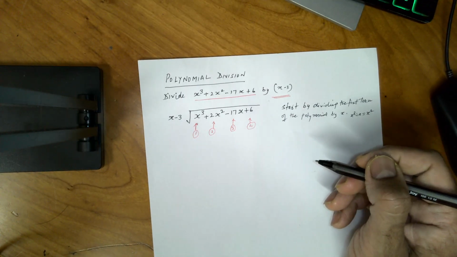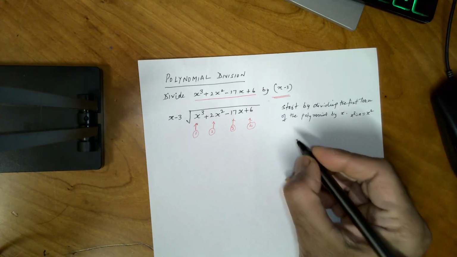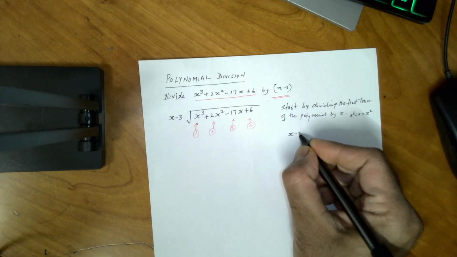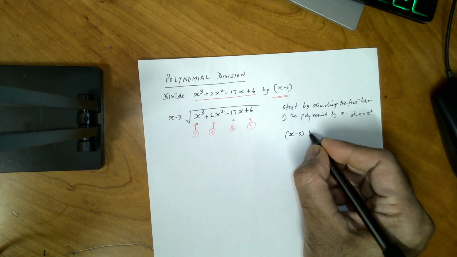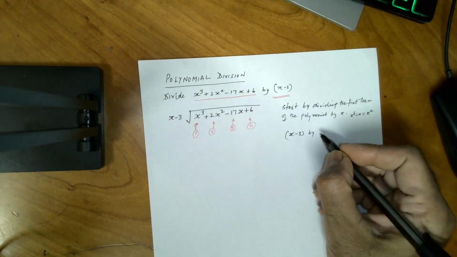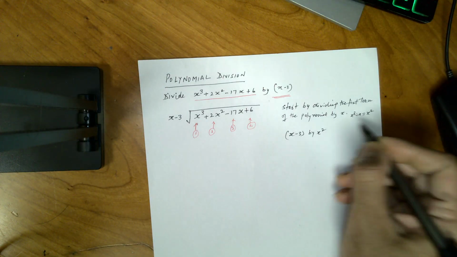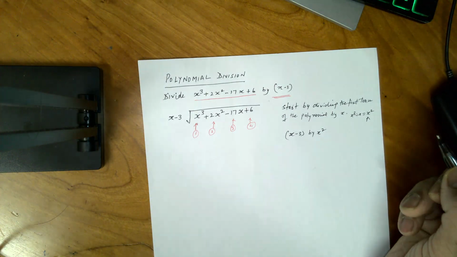So now the next step would be that you multiply x minus 3 by x squared, because this is what you got.